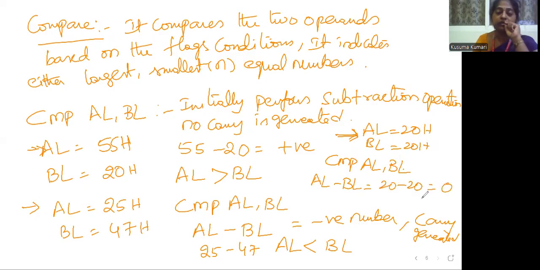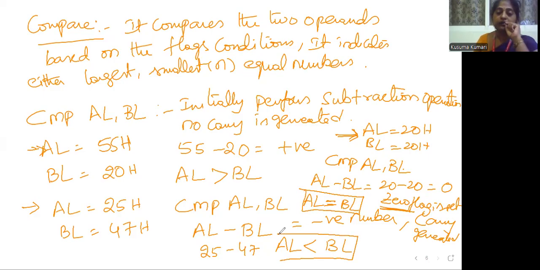The result is 0. Result 0 means the zero flag is set. When the zero flag is set, this indicates both the operands are the same.